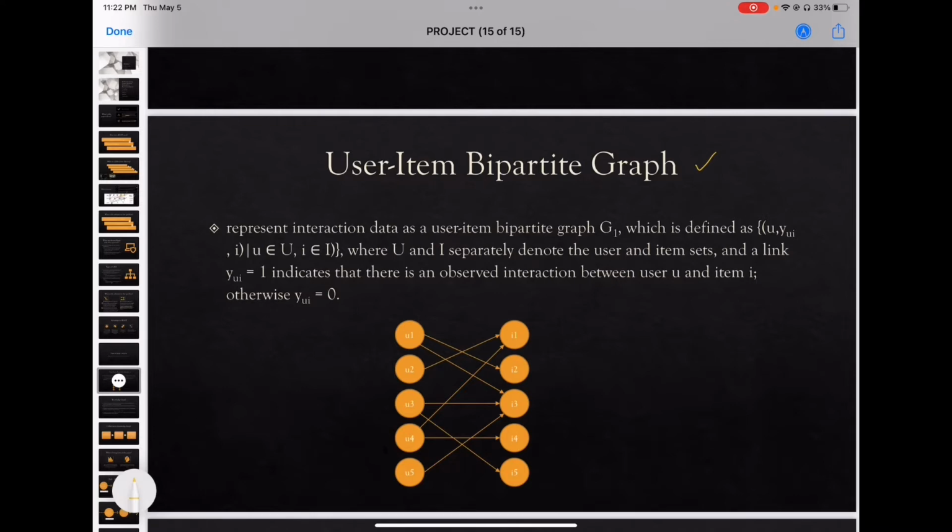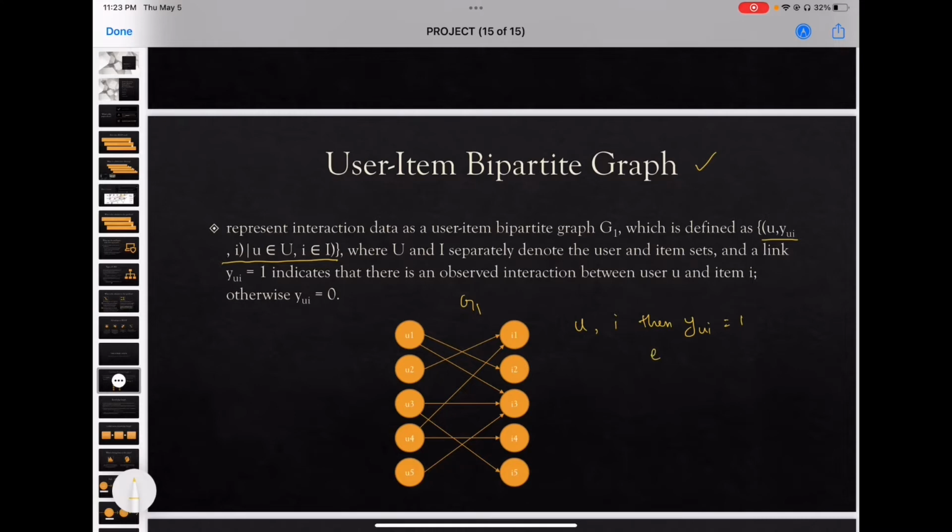Here, we represent interaction data as a user item bipartite graph G1, which is defined as a relation between the user and item as follows. If there is a relationship between a user U and item I, then the value of that relation y_UI is equal to 1.